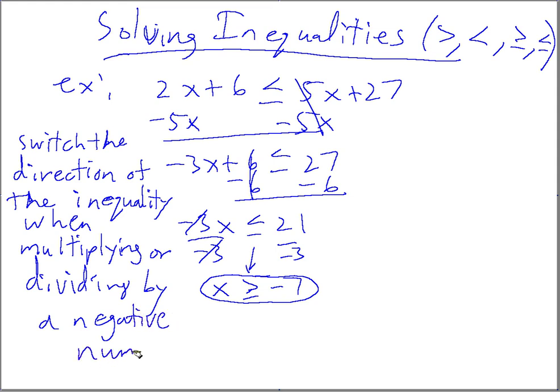So that's a key concept to keep in mind to refresh yourself on. Anytime you're dividing both sides by a negative number or multiplying both sides by a negative number, you have to switch the direction of the inequality. In this case, from less than or equal to, to greater than or equal to.